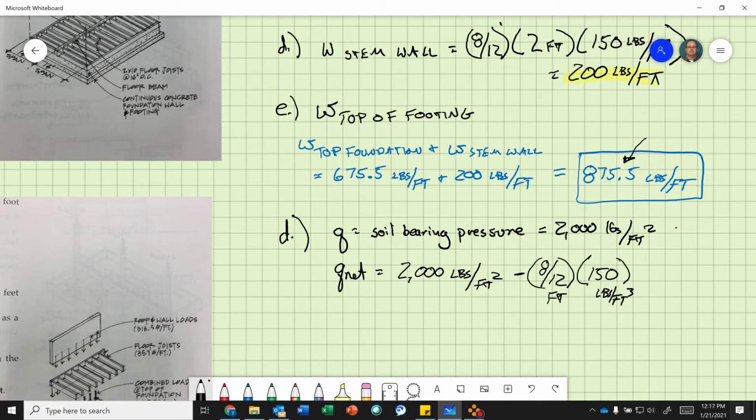So 0.67 times 150 equals, we're just going to say 100. So this equals 100. So my Q net equals 1,900 pounds per square foot. Okay, that's what my soil can hold, the pressure.